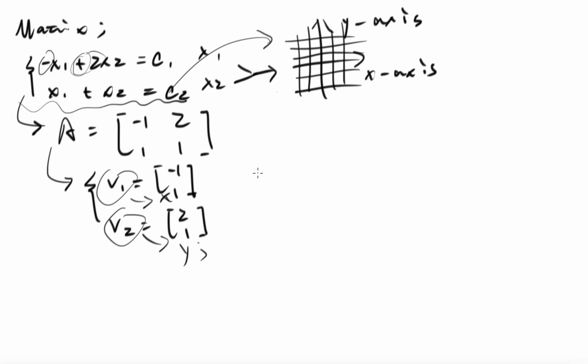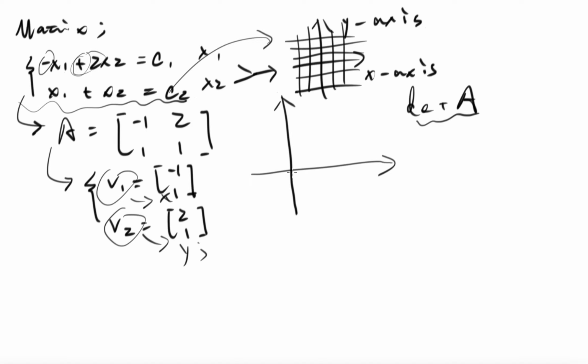As you can see, let's draw it larger here. This is how the coordinates are transformed after applying A. This is just a notation for the matrix A.